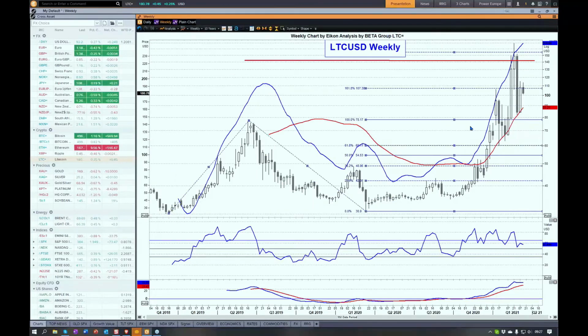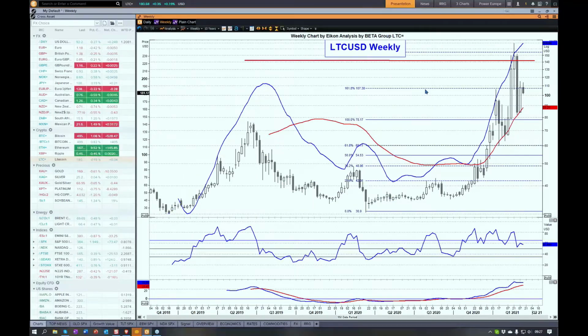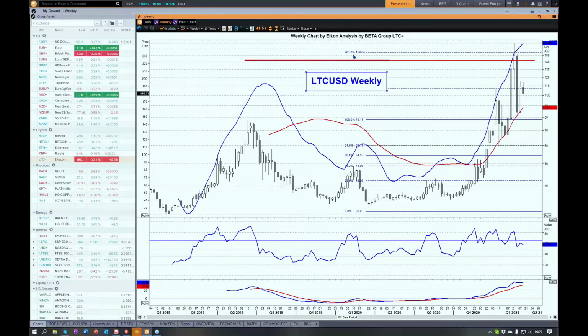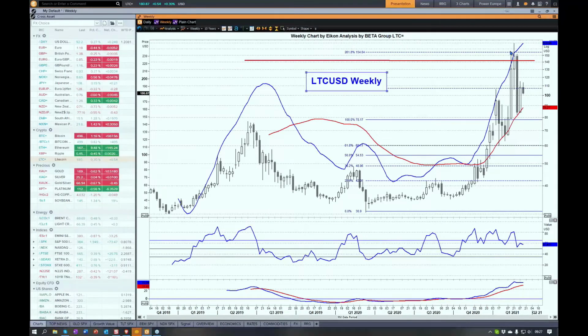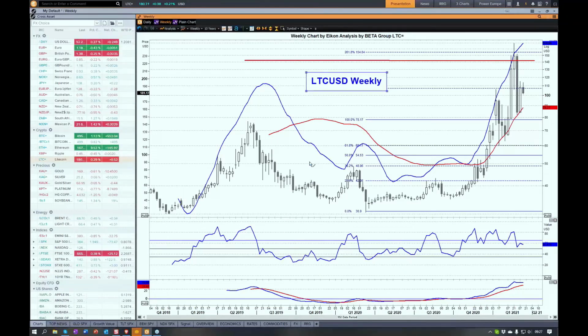We've got a good move from here to the pullback here, 100%, 161.8. And look at this one here. This has taken us to 261.8, where if anybody could have done that measurement there, A, B, C, it's the 2020 low. C, where's CD? CD is the length of AB added to C. That took us there, which was the previous high.